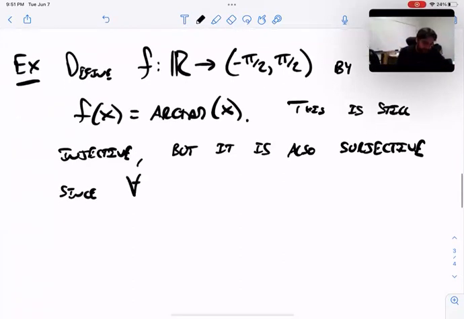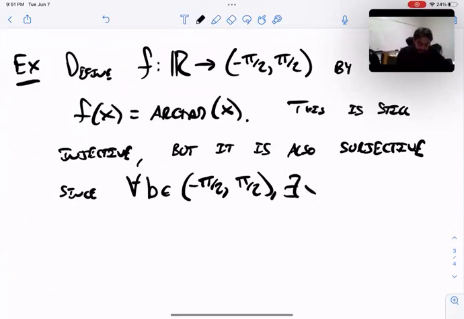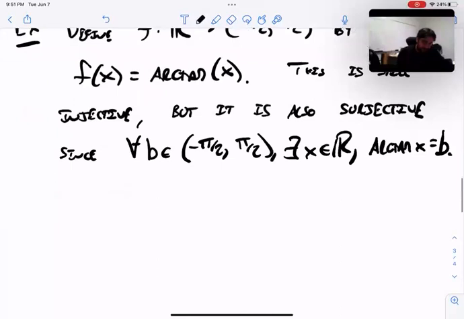Right? For every b in minus pi over 2 to pi over 2, there exists some real number x such that arctan x equals b. Again, you can see it on the graph.